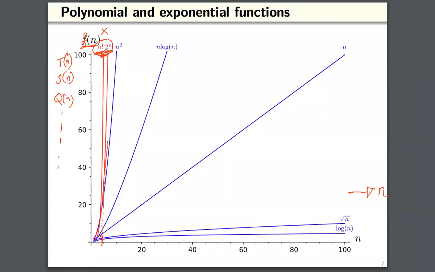Algorithms which take this much time are called slow algorithms. Exponential time: n factorial, 2 power n, n power n, all these are exponential. And all these are bounded by polynomial functions, depicted here in blue. We call them fast functions, fast algorithms.